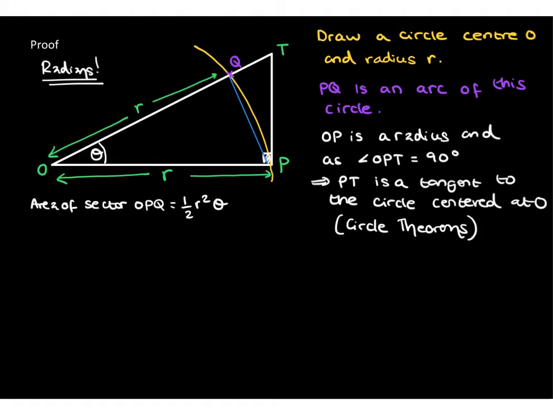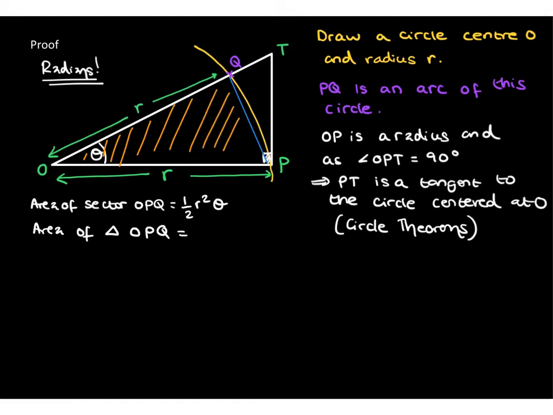Now, the next thing that I'm going to work out is the area of the triangle OPQ. Just in case anybody's not sure where that is, I'll highlight that in orange. So it's this triangle over here.